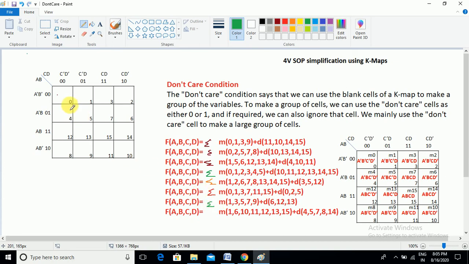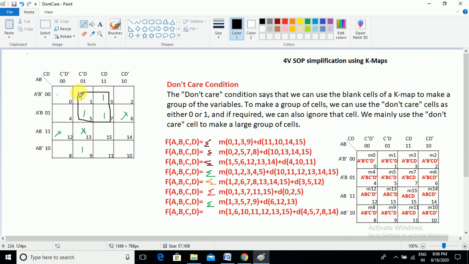1, 3, 5, 7, 9, and the don't care cells are 6, 12, 13. Okay, this one is also a somewhat important problem. Here I can go for a very easy grouping.